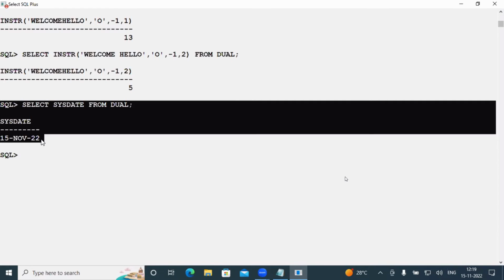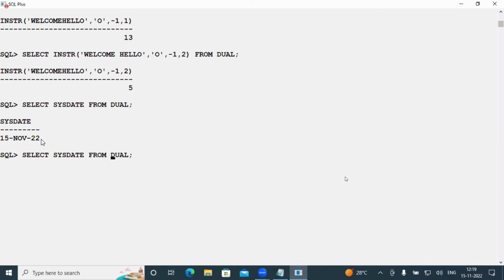Got it? Now sysdate means the current date. So here I'm applying current_date as the alias name. Next, I will say sysdate plus 3, for example.